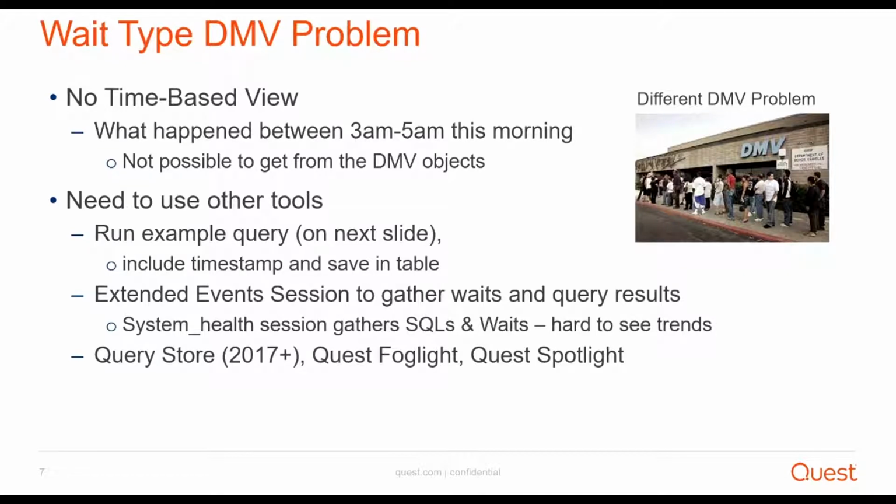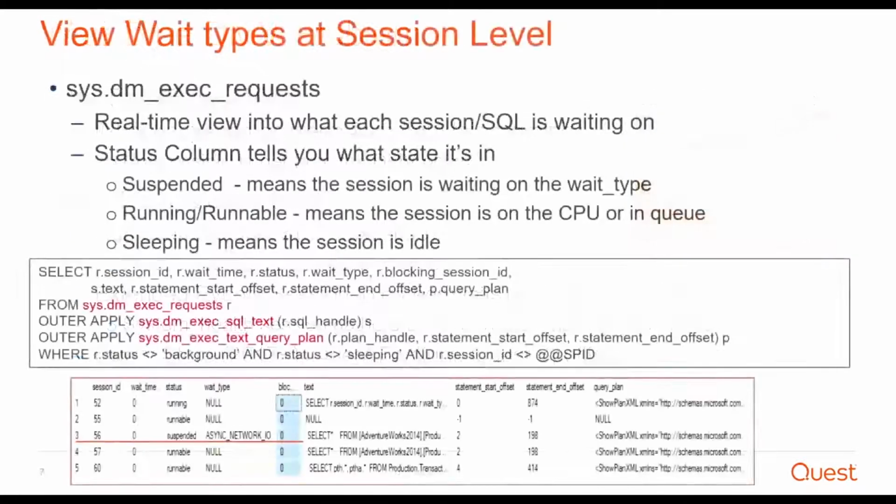However, it's hard to see trends over time. And then Query Store came out in 2016, but 2017 had the wait types. It didn't have waits in 2016, but in 2017 you can get the wait types. And then, of course, our products, Quest Foglight and Quest Spotlight, also show wait and the resources being used up.